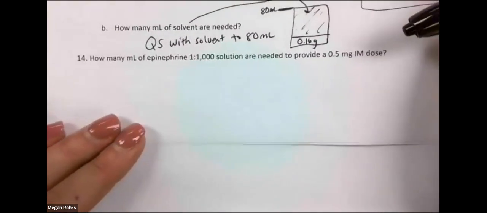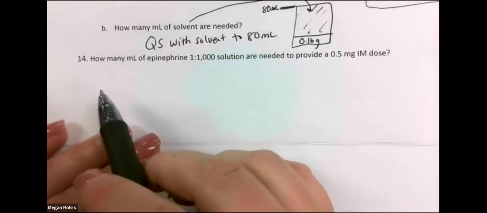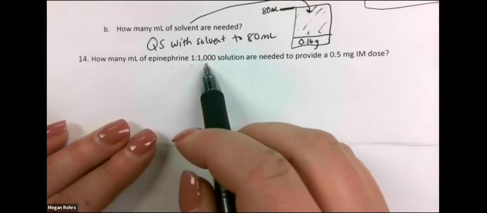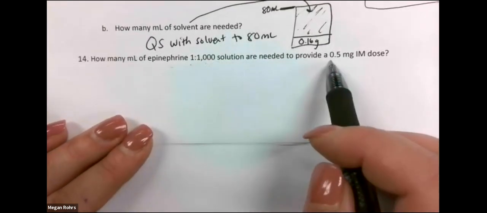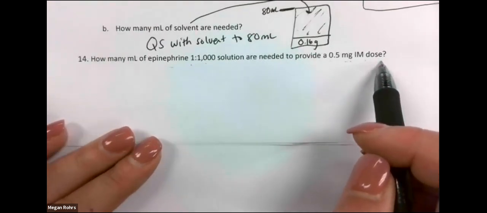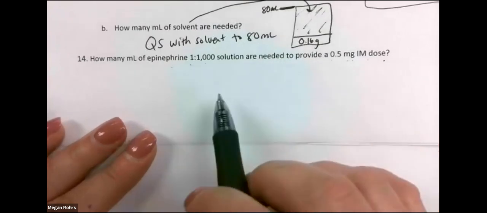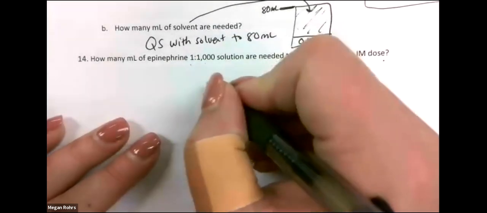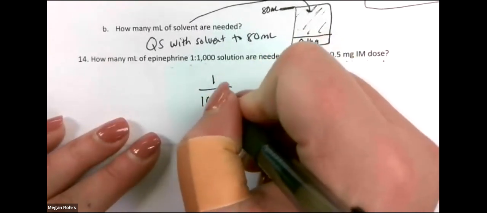All right, let's go on to 14. How many mils of epinephrine 1 to 1,000 are needed to provide a 0.5 milligram IM dose? Now, this is very important. Remember our units here. We have 1 to 1,000.